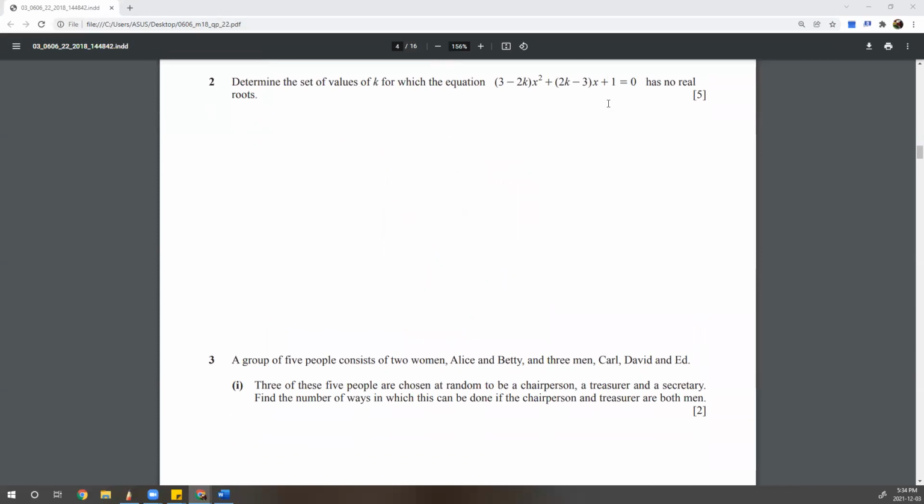No real roots. No real roots means you need to do with D, right? D is less than 0. So what is D? B squared minus 4AC. B squared, 2K minus 3 squared minus 4 times A, this is A, times C, 1, less than 0.